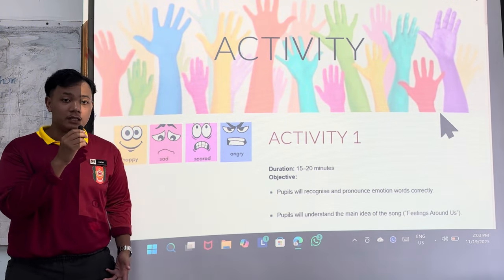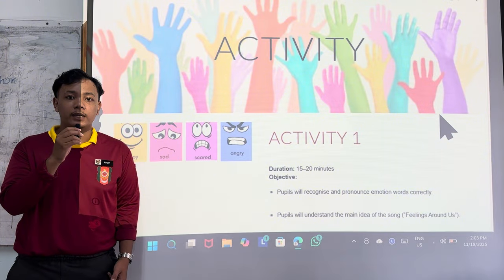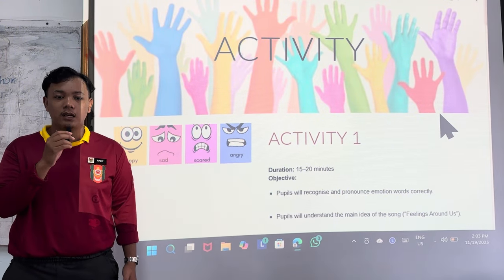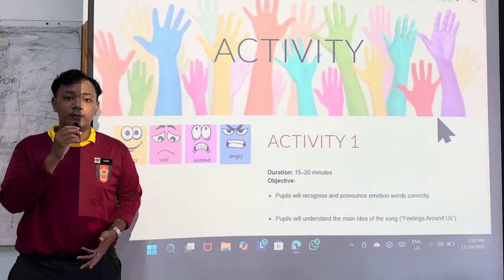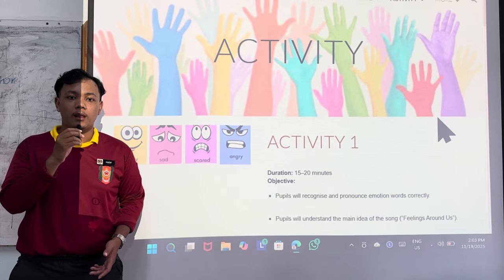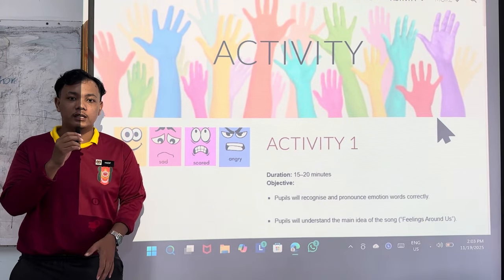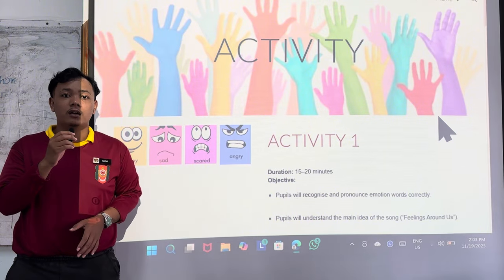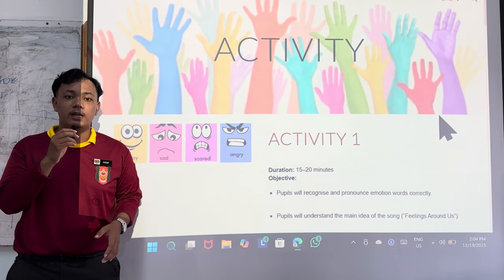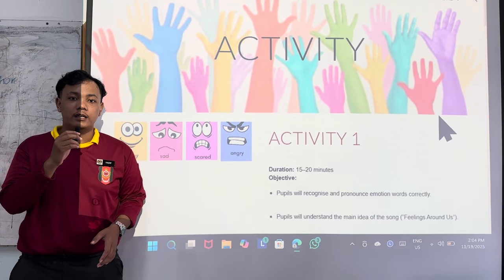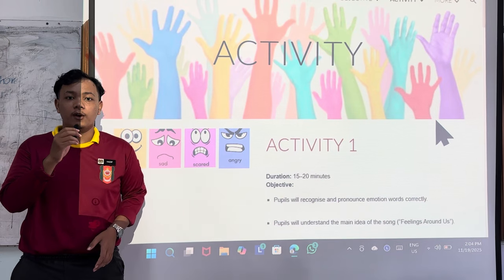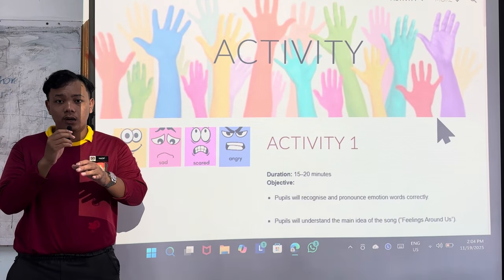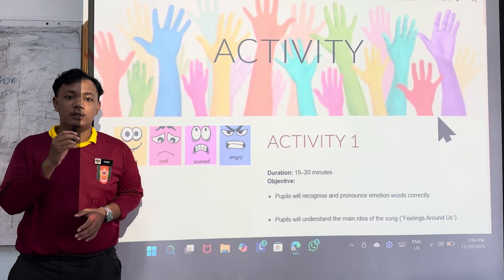They learn to listen for meaning in songs and games. They also communicate verbally and non-verbally. They respond to questions with short answers, and this language development builds the basic foundation needed at CEFR level A1.